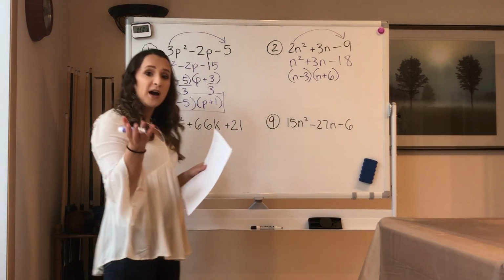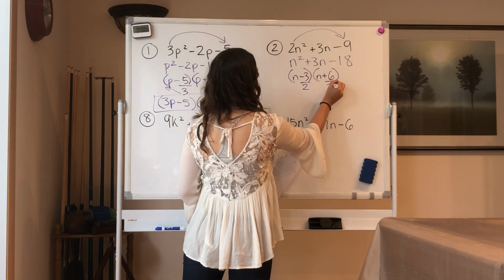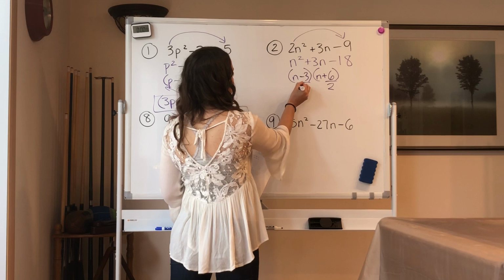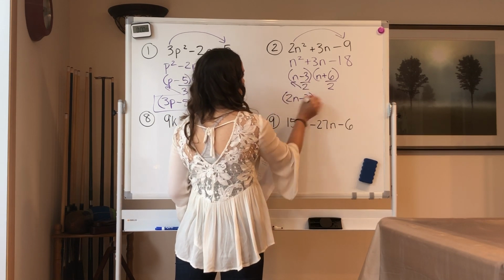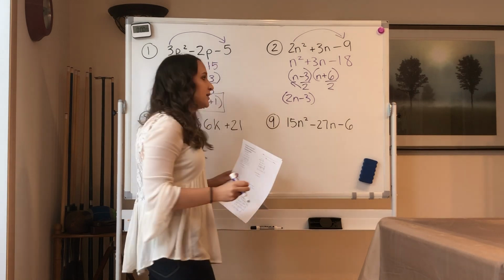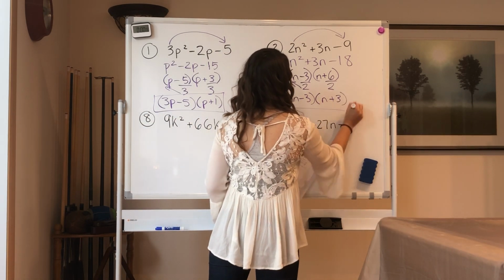Now divide by what I slid by, which was 2. Bottoms up, 2n minus 3, and this fraction reduces to n plus 3. Final answer.